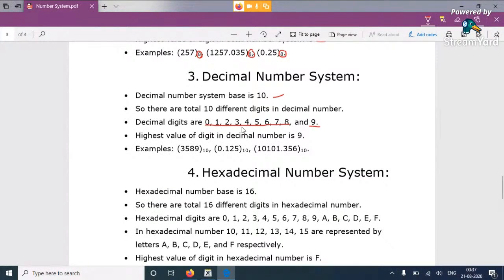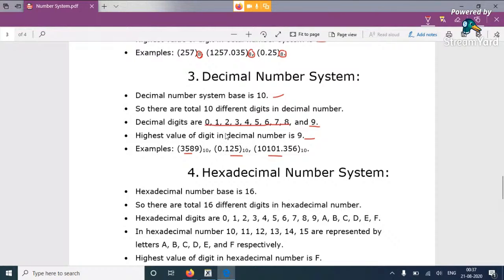The highest value of a digit in decimal is 9. Examples are 3589 base 10, 0.125 base 10, and 10101.356 base 10.